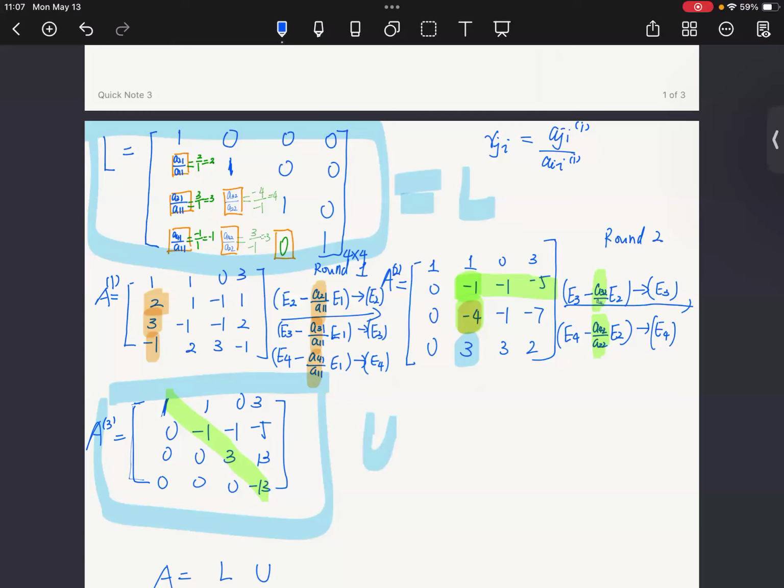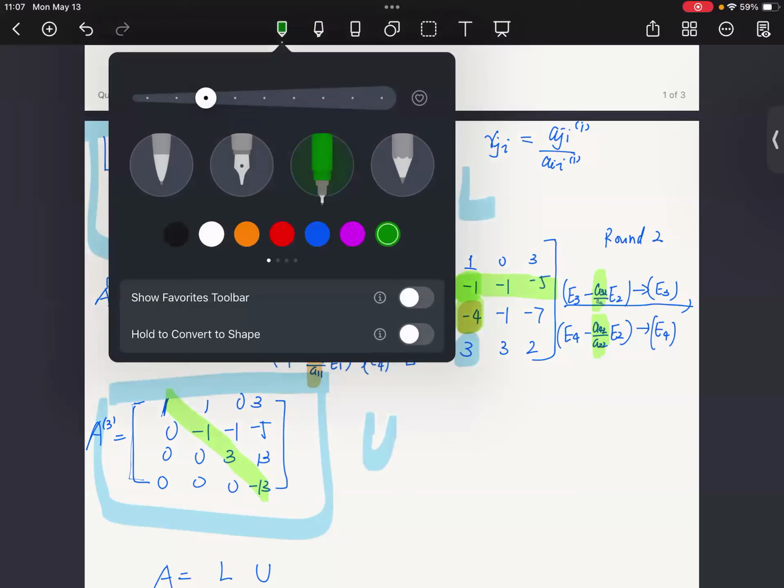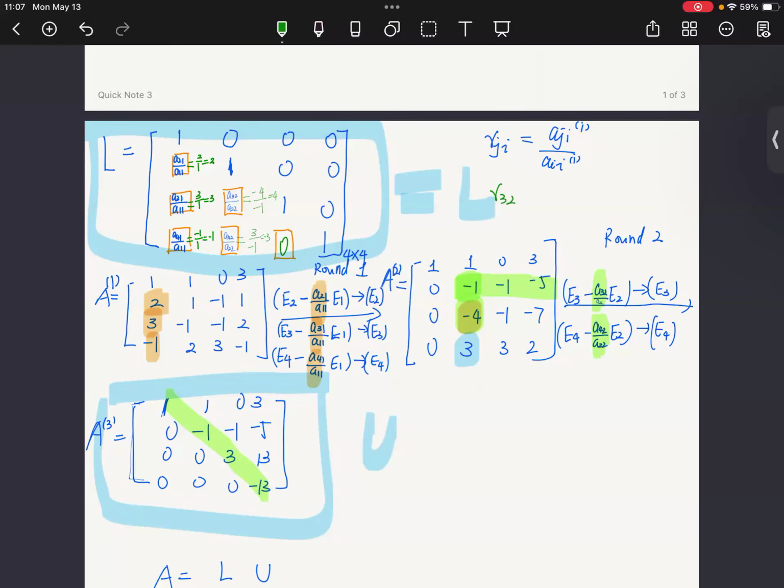Let me give you one example: R32 equals A32 from the second matrix divided by A22 from the second matrix.